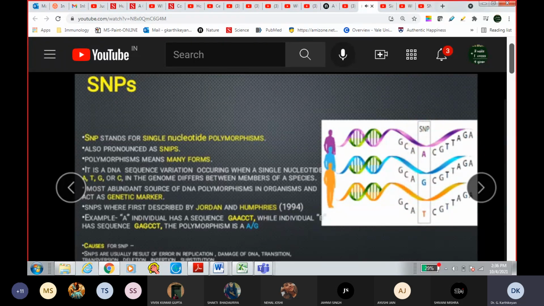Hence, it is a DNA sequence variation occurring when a single nucleotide A, T, G, or C in the genome differs between members of a species. These are the most abundant source of DNA polymorphisms in organisms and act as genetic markers. SNPs were first described by Jordan and Humphreys in 1994.